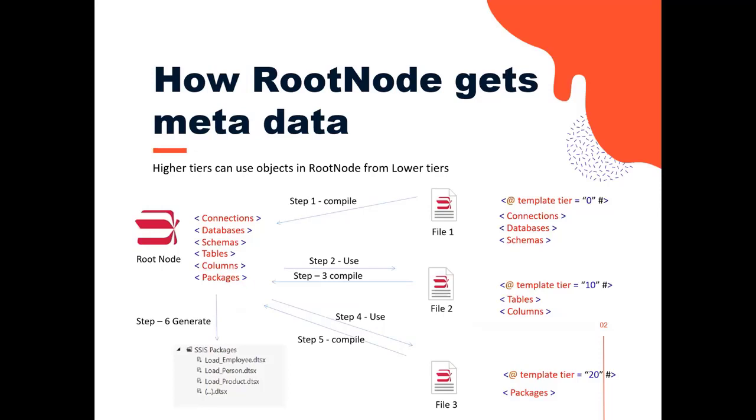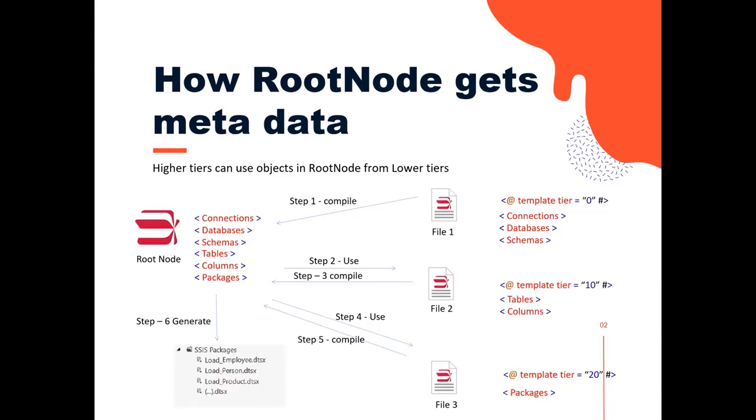The first file consists of connections, database, and schemas, the second file consists of tables and columns, and the third file consists of packages. Here we have given the compilation order as 0, 10, 20. That means it will compile 0 first, then 10, then 20.